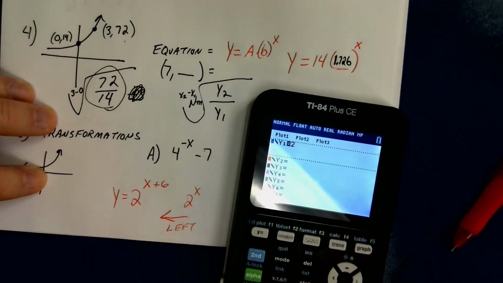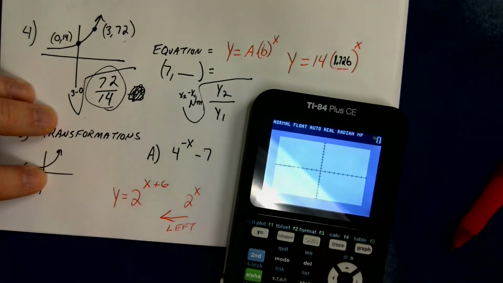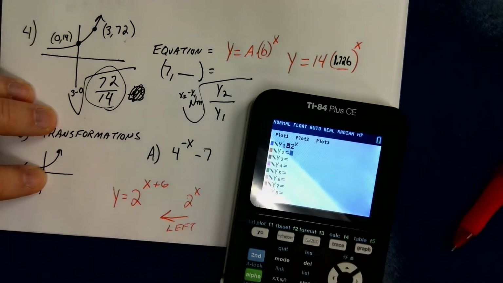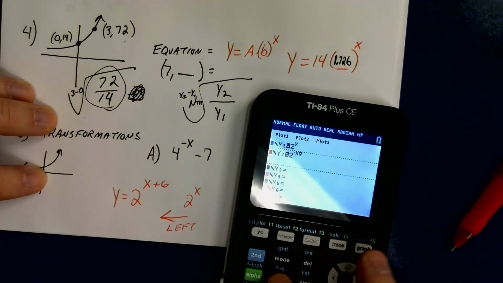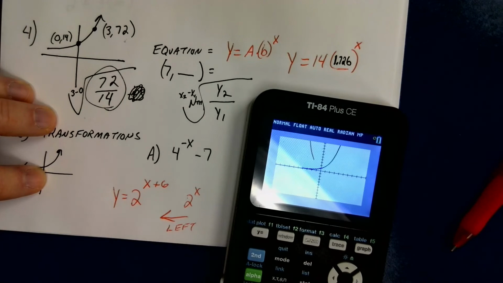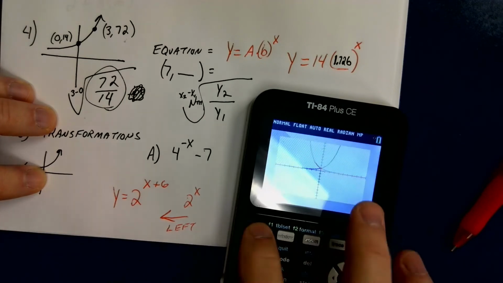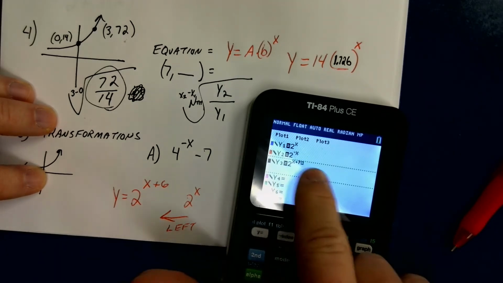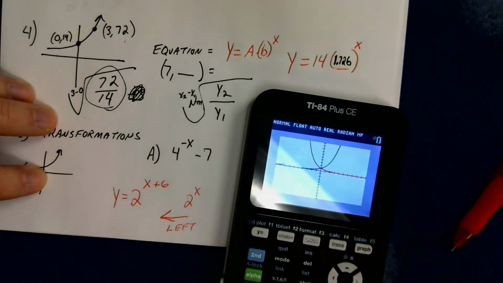So 2 raised to the x graph. That looks like that. 2 raised to the negative x. That looks like that. 2 raised to the x plus 7, where the +7 is in the exponent spot.